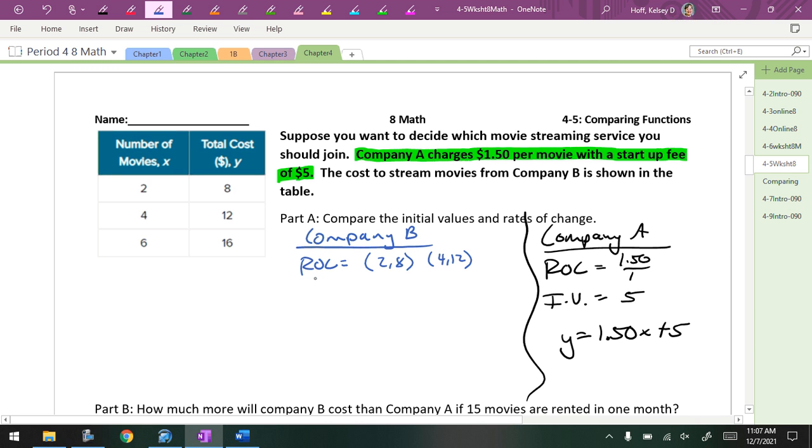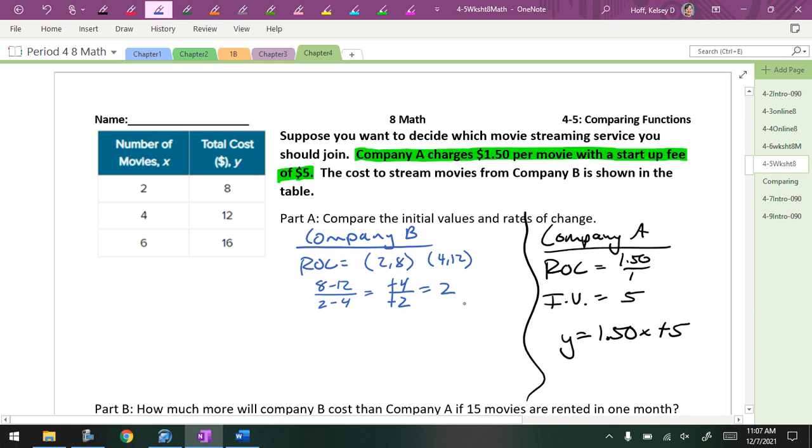What's the top of your fraction for rate of change? 8 minus 12 over 2 minus 4. Okay, 8 minus 12 is negative 4 over negative 2. A negative divided by a negative is positive. 4 divided by 2 is 2.